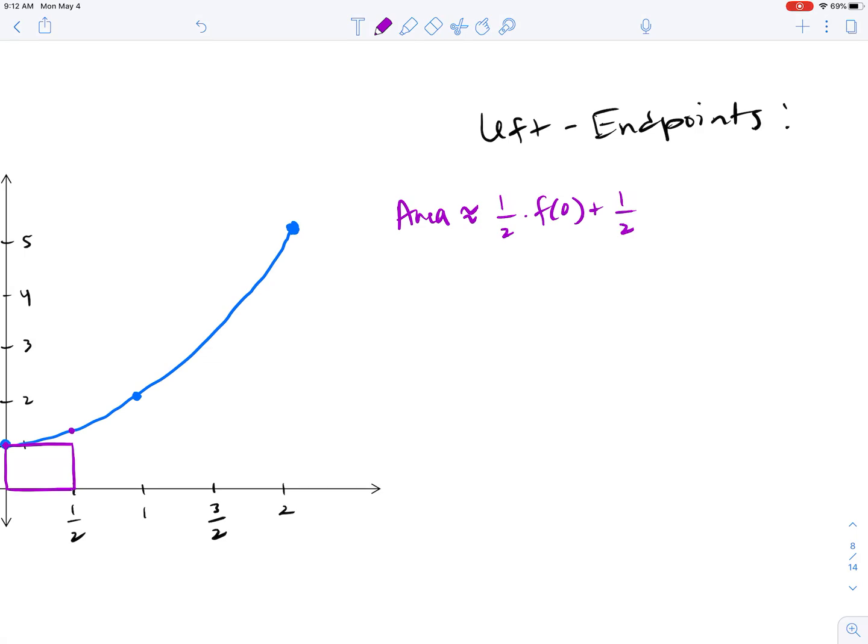The width of the rectangle is still 1/2. So our area will be approximately 1/2 times f of 0. And then the next subinterval has a left endpoint of 1/2. So f of 1/2 will be the height of the second rectangle, and f of 1 will be the height of the third rectangle.